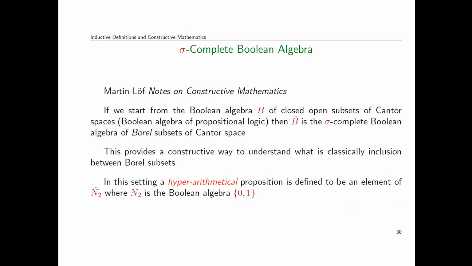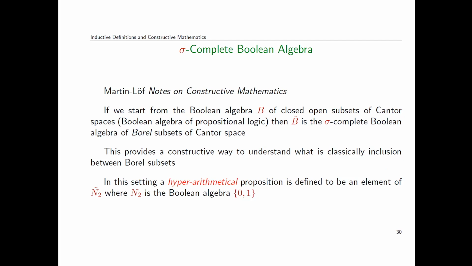But Martin-Löf, in Notes on Constructive Mathematics, goes further than this. Martin-Löf used exactly the same construction as Lorenzen, but he noticed that this B tilde, the sigma completion of B, if you start from the Boolean algebra of clopen subsets of Cantor space, is exactly the sigma complete Boolean algebra of Borel subsets of Cantor space.